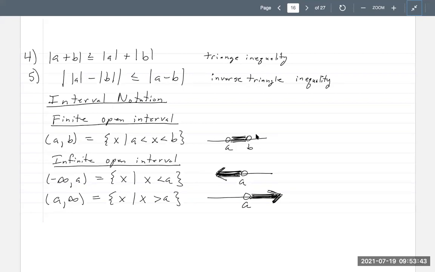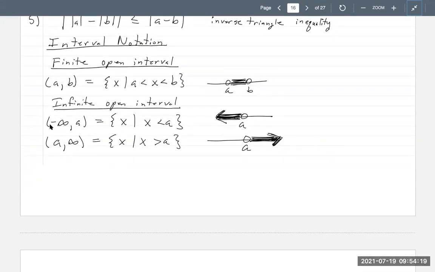This is the set of everything between A and B, though I'm assuming here, by the way, that A is less than B. So the open interval from A to B is just all numbers between A and B, but we don't include A, nor do we include B. The infinite open intervals.